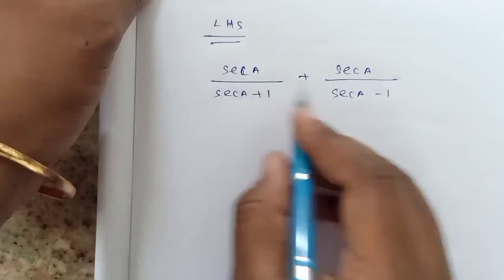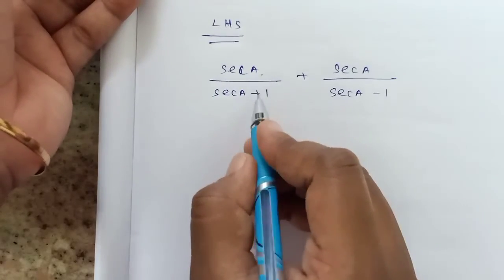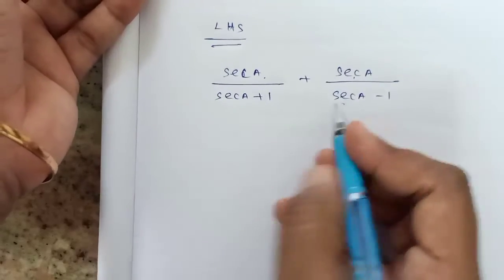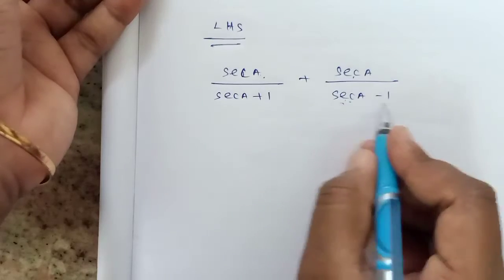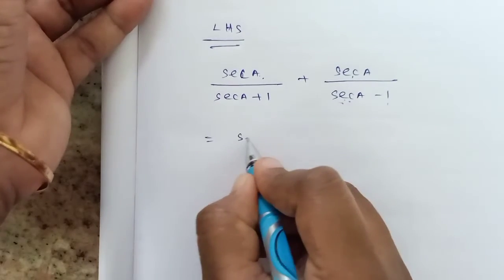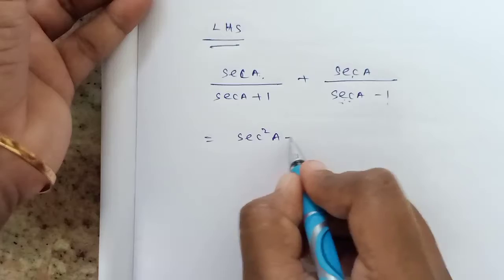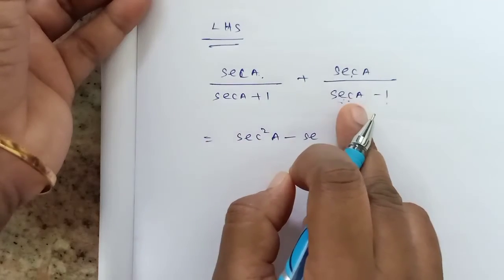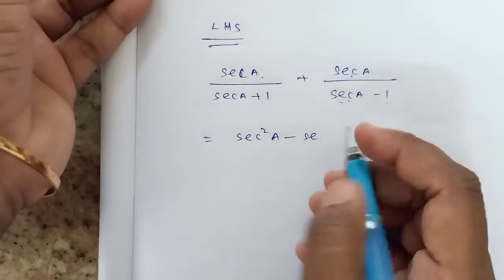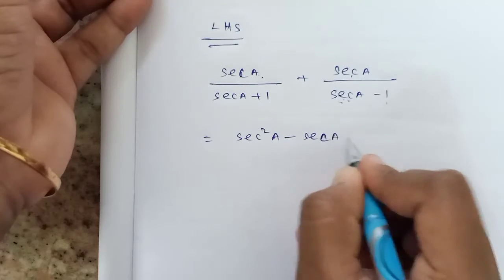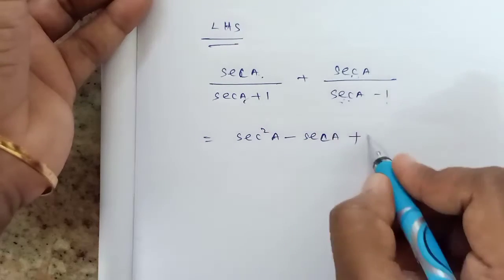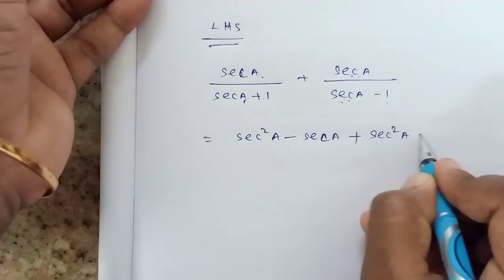Just cross multiplication, LCM. Multiply this term here and this term here. Secant A into these two terms gives secant square A minus secant A: secant A into secant A is secant square A, secant A into minus 1 is minus secant A. Plus, here you multiply this one, secant square A plus secant A.